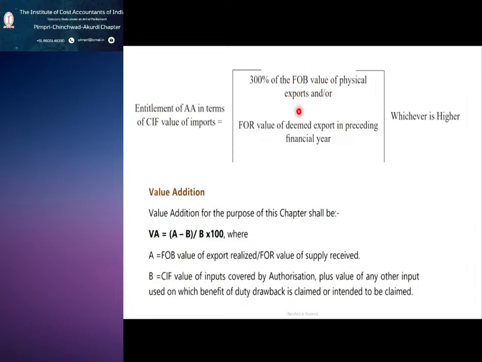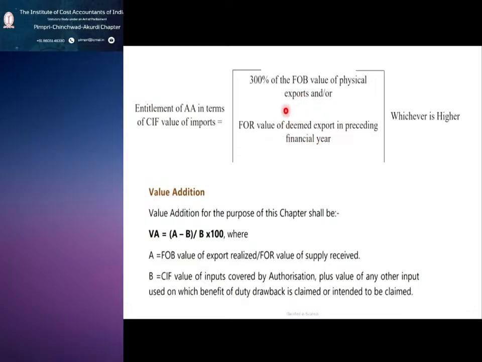FOB means free on board. This is related to direct exports where you sell outside India. Below is the deemed export. From the term you should be able to identify. Free on board is from one destination to the other destination, that is direct export.